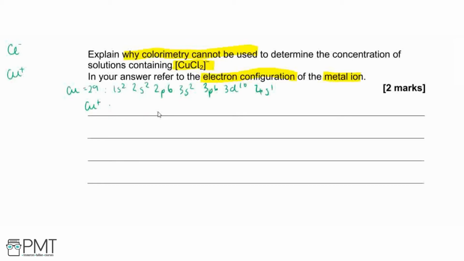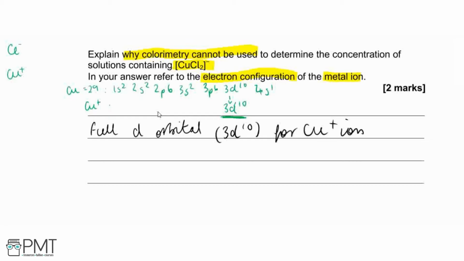So therefore we end up with a 3d10, so a fully filled d orbital for our copper 1+ ion. And this is the key for this question. We've got a full d orbital, where we've got 3d10 for the copper 1+, and this means that it's got stability.